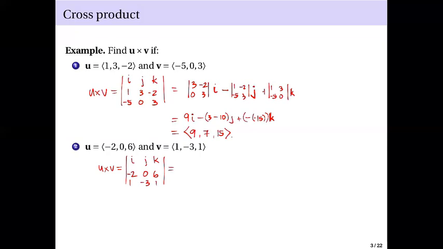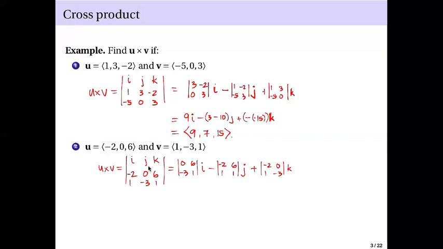So in here, I will have the determinant of 0, 6, -3, 1, and then you have your i. Then minus the determinant of -2, 6, 1, 1, and then you have your j, plus the determinant of -2, 0, 1, -3, and then you have your k.